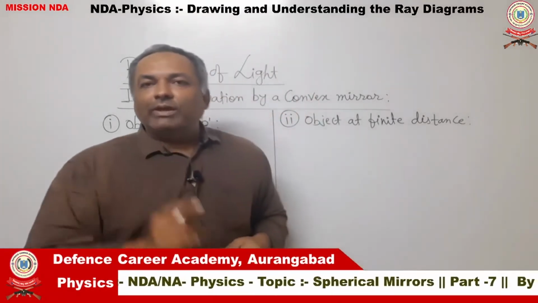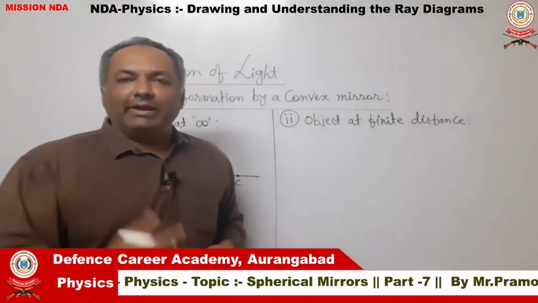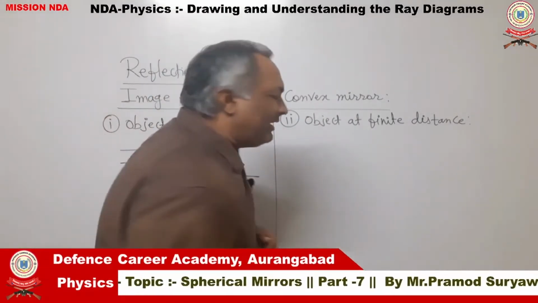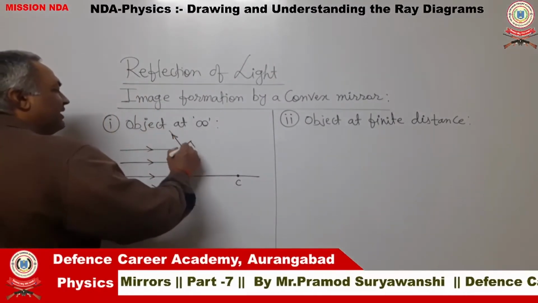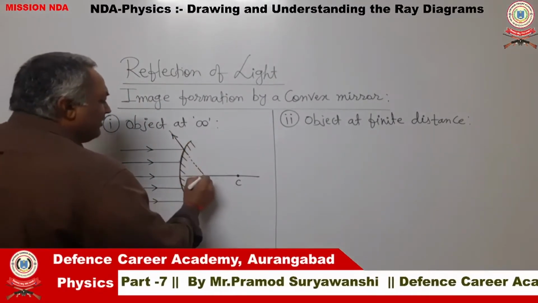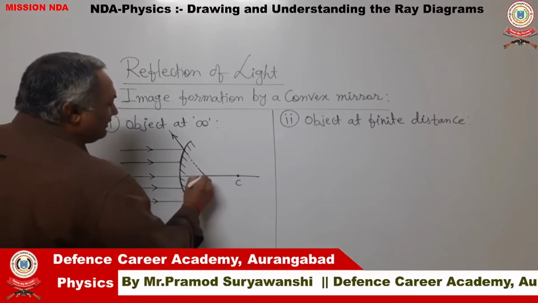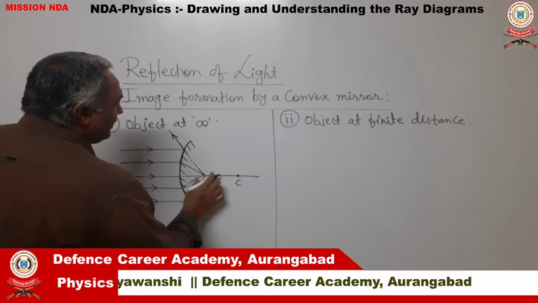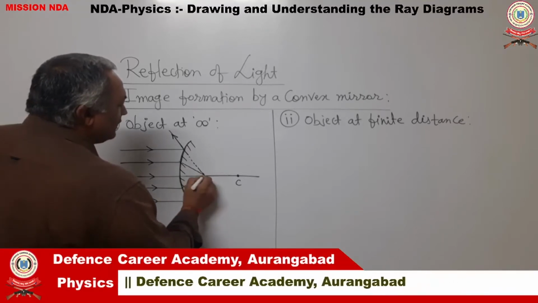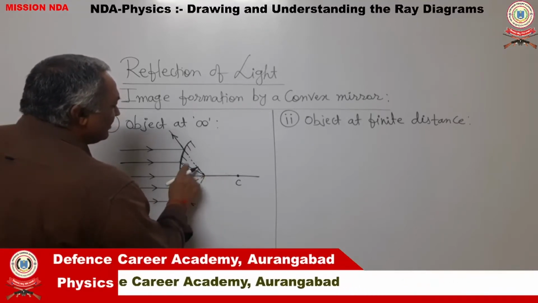And how do we find the position of the virtual image? It's where these reflected rays, when they are produced backward, wherever all of them intersect, exactly at that point, we draw or show that a virtual image has been formed.